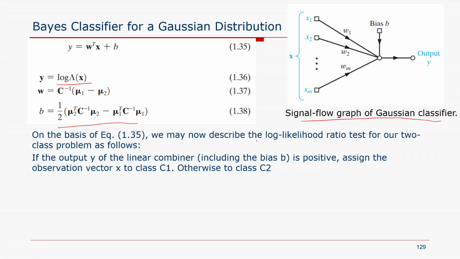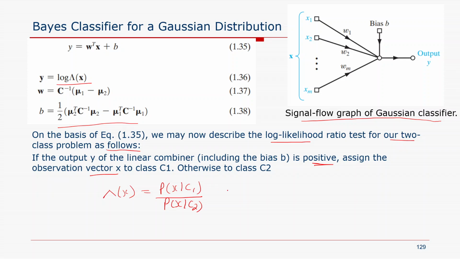Now, on the basis of this equation, y equal to w transpose x plus b, we may describe the log likelihood ratio test for the two-class problem as follows. If the output y of the linear combiner is positive, assign the observation x to the class C1. Because what we had, lambda of x, was p of x given c1 divided by p of x given c2. Now we are checking which one is greater.